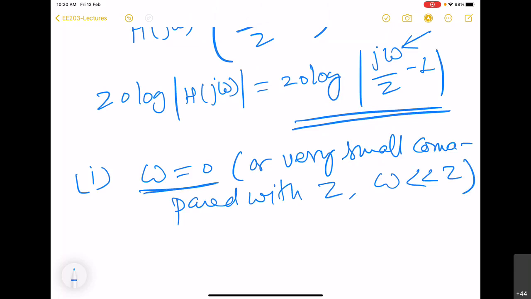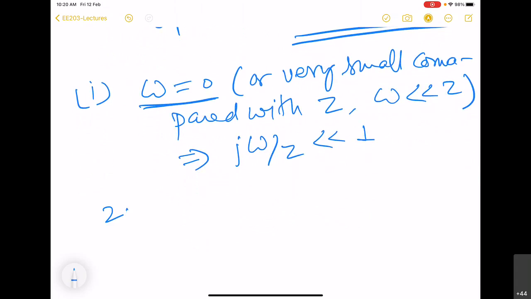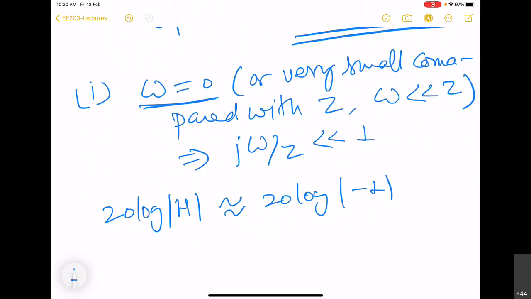So now when we have omega very, very small compared with the 0, that means omega by Z is going to be very, very small compared with 1. So in this case, this term can be neglected and we can retain only 1. Right? So this can be neglected. So this 20 log |H| becomes approximately equal to 20 log of magnitude of minus 1. And this we know is equal to 0.